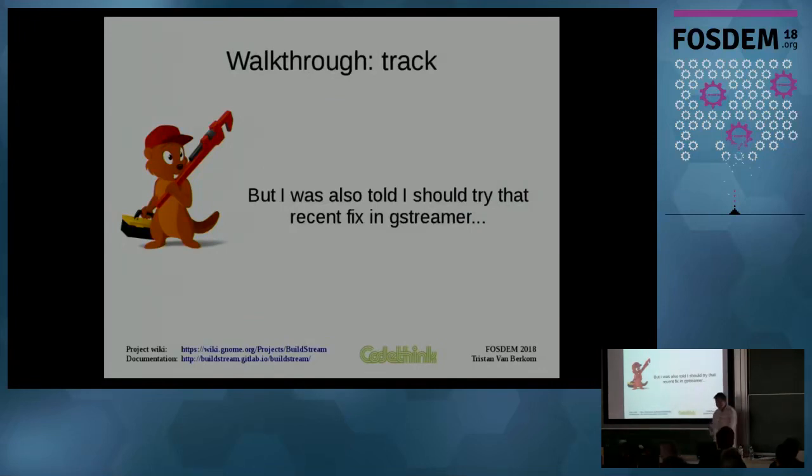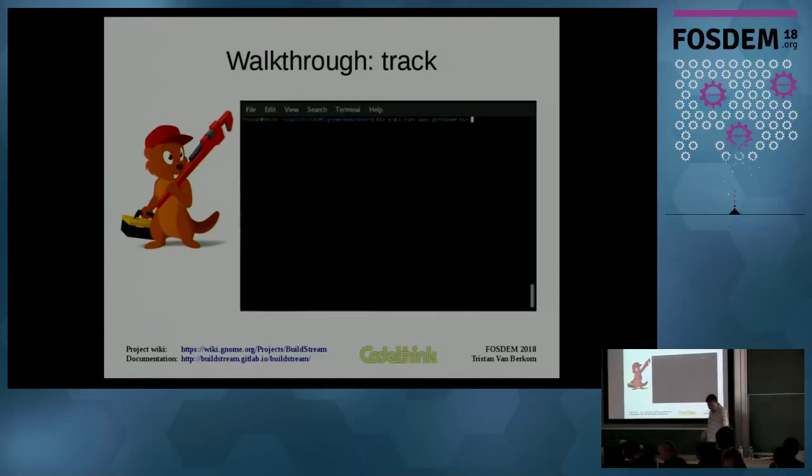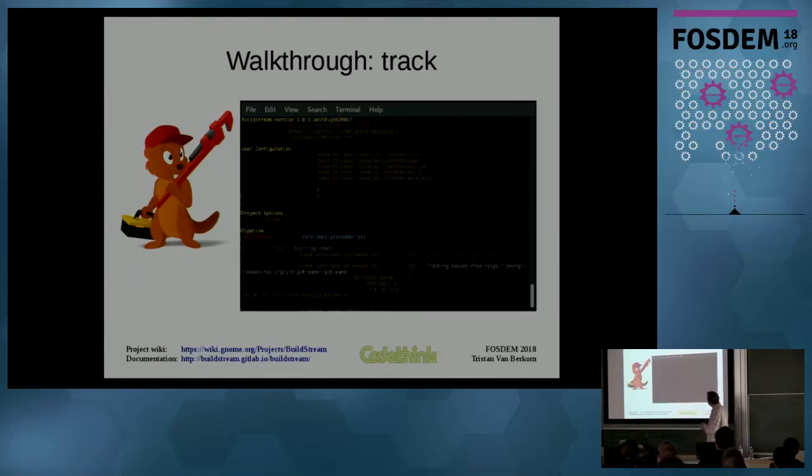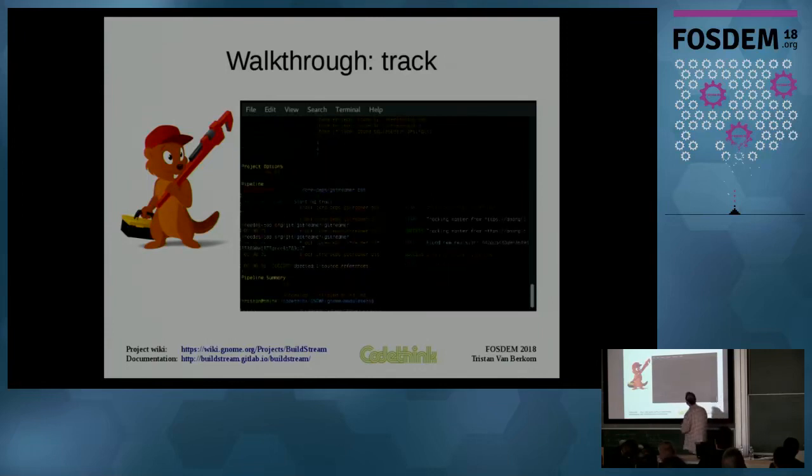I was going to build this, but Buddy told me he had a fix in GStreamer, so I want to check that out and add it to my build first. So I'm going to track GStreamer, and we don't really see well, but there's an info saying it found a new revision. Inside the file which defines how to build GStreamer, you have the upstream URL, a tracking branch, and the commit SHA that you want to build.